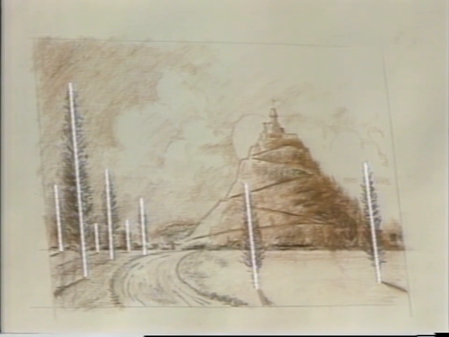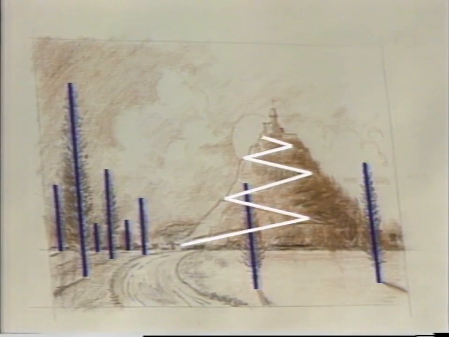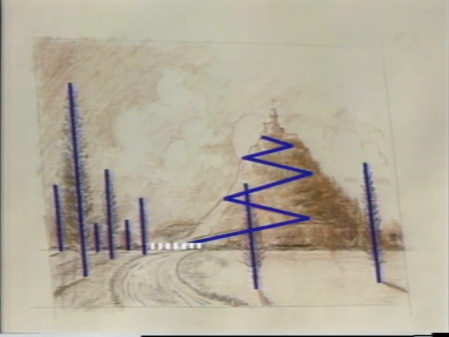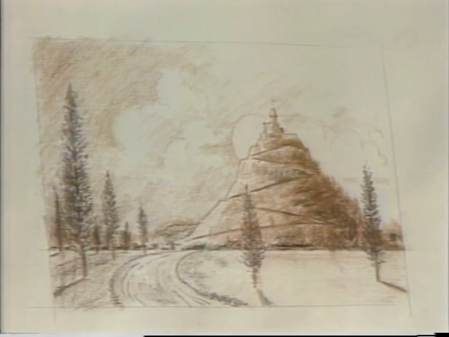You also see the repetition over here in the roadway going up to the top of the castle, almost a repetition of every other line going up here. There's repetition up here at the top, and then there's repetition of shape and repetition of line back here in the village.